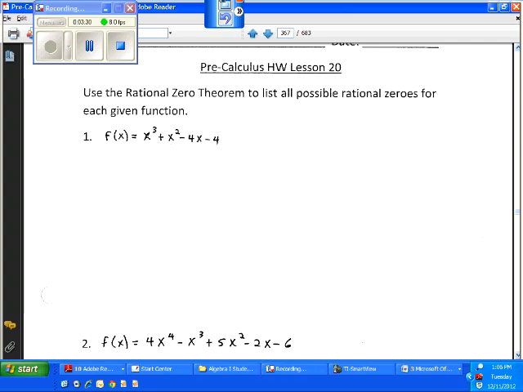The leading coefficient is 1, and we would look at that last coefficient, -4. That's the constant. So we have the leading coefficient, and then we have the constant.